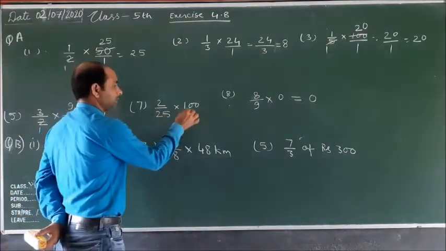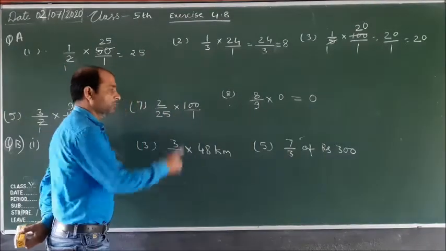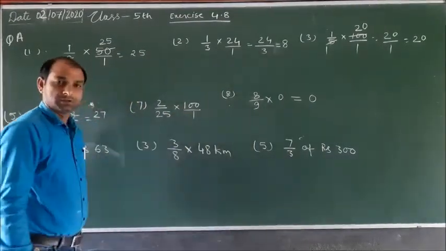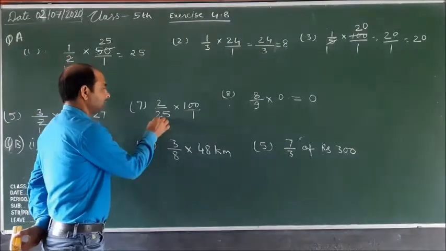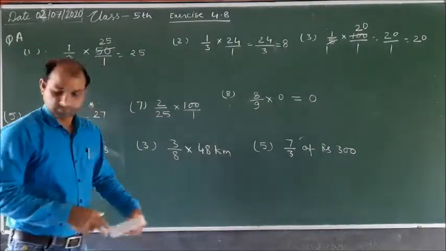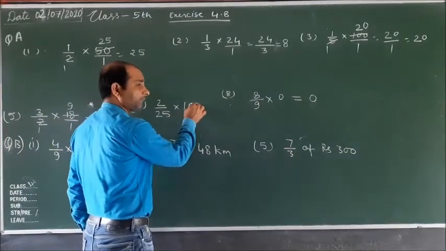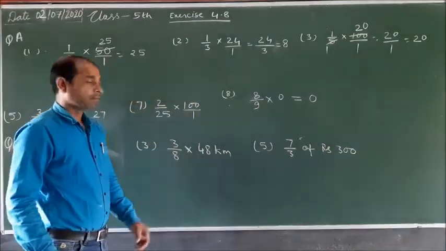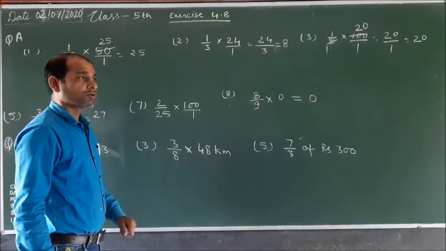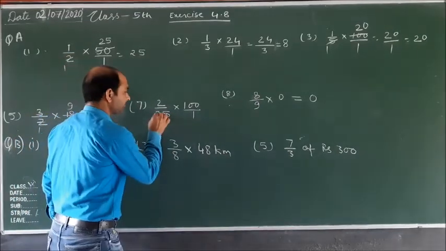Now here this step, 100 upon 1. You can do 25 ones are 25, 25 fours are 100, but 25 is a greater number, so you can do the smallest number also.